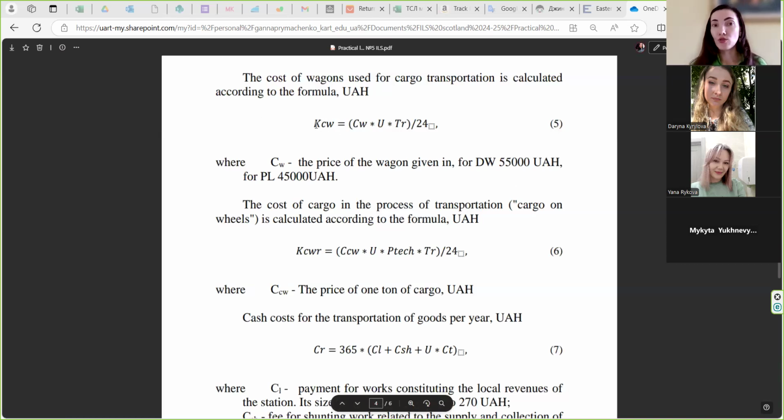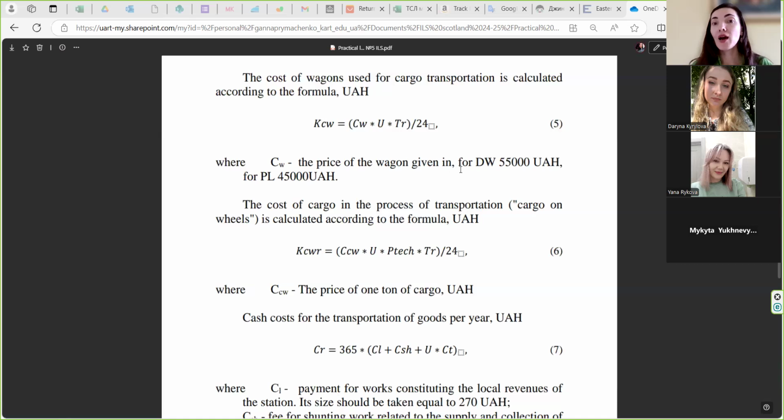Please write on your list or in your document that K with index CV is equal to the open quantity, I put it here. Find such a parameter as C with index W. It is the price of the wagon.